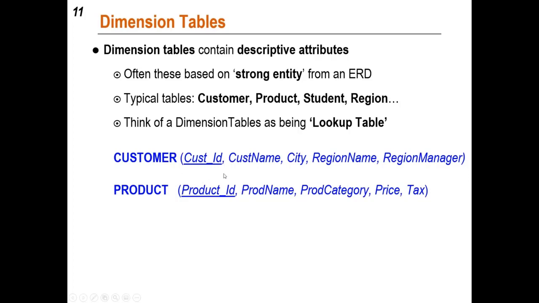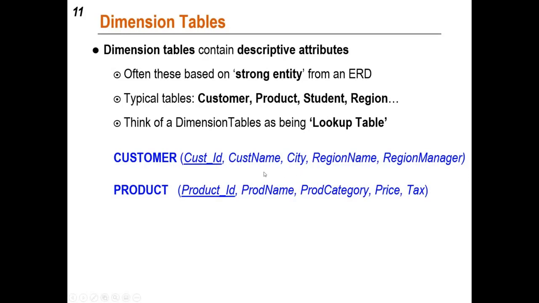In these examples of dimension tables, you can see the customer. Sometimes the columns in the customer table in the data warehouse probably come from maybe 2 or 3 or maybe 4 or 5 other strong entities.